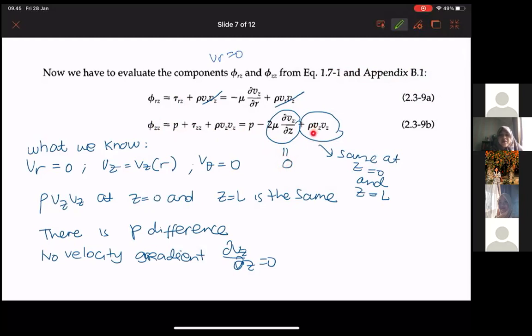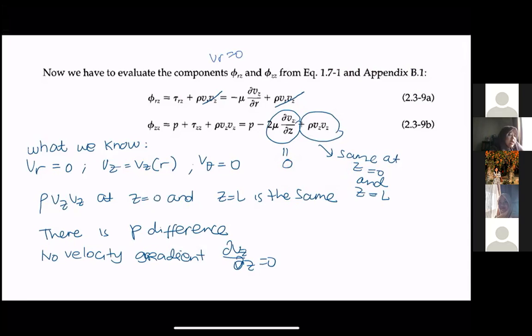And then we have rho Vz Vz, but it's the same at Z equal to 0 and Z equal to L. So here is what we know: Vr equal to 0, Vz is a function of R, and we don't have V theta. There is a pressure difference because it is a closed system, and there is no velocity gradient, so that part is equal to 0.